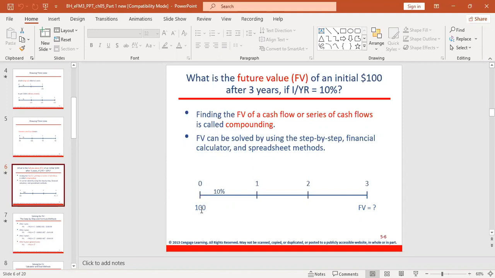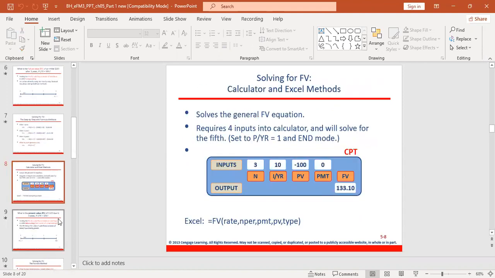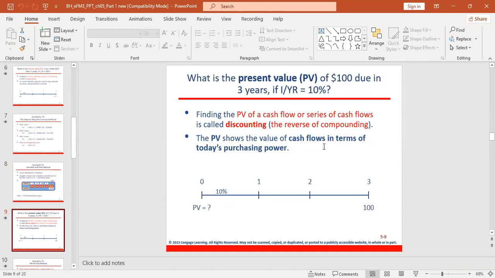This is the present value. We want to know the future value. So the future value usually will be more than the present value. We have already done this. But in this case, we want to find the present value of this future value. That is why it changes from here to here. So we are finding PV.